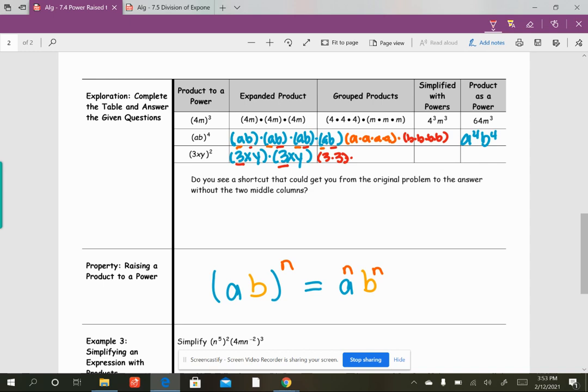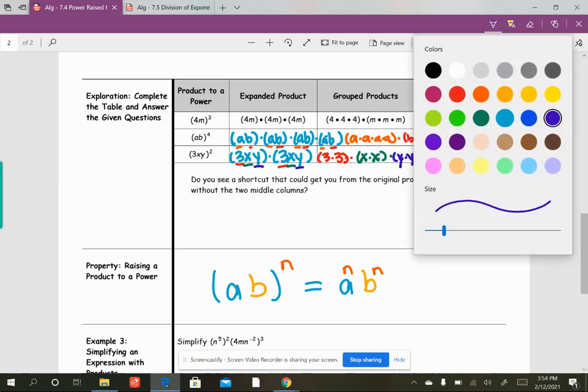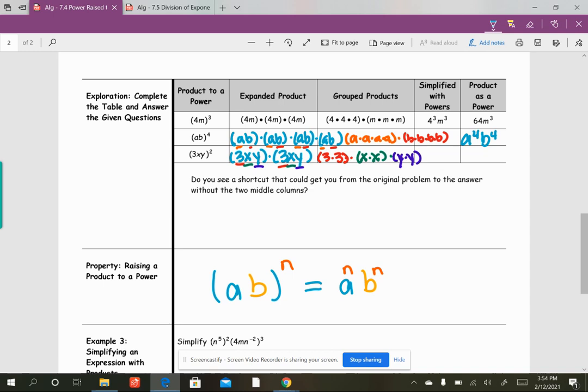They all become separate terms: x and x, you are essentially combining like terms, and then y and y. So we have 3 squared, x squared, and y squared. In our final product, we simplify 3 squared, which is 9. X squared and y squared stay the same.